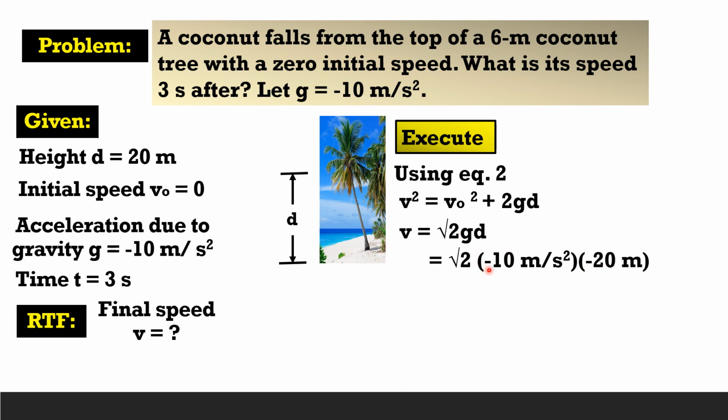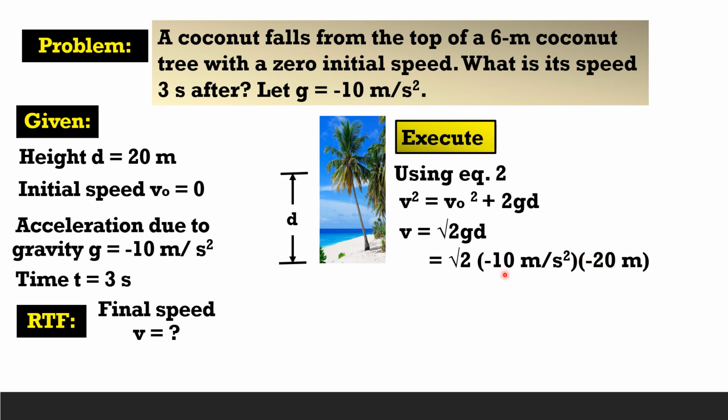But in here, we are treating these quantities as vector quantities. That's why our distance is assumed to be the displacement, the displacement of the coconut relative to the top of the coconut tree. That's why it's negative 20.